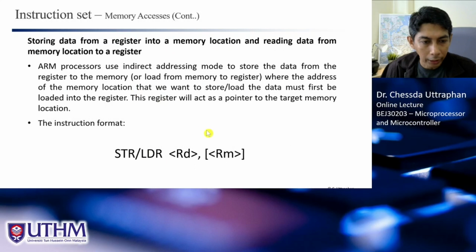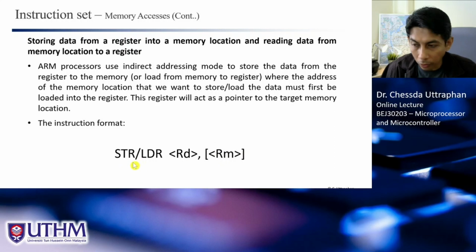Again, this is the instruction. The store is STR, and this is the source in this case, and this is the destination. This is opposite from the move instruction, where the first one is the destination and the second is the source.